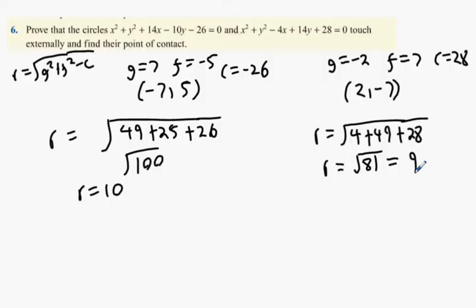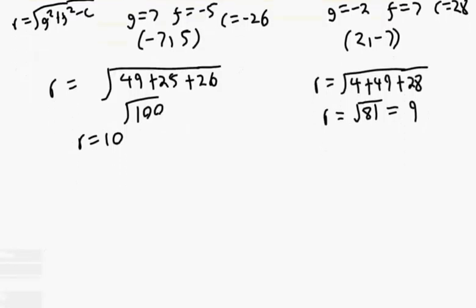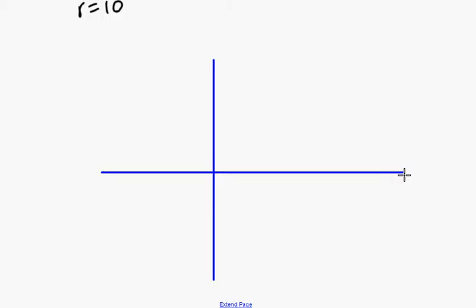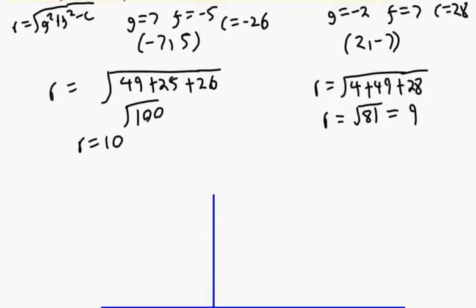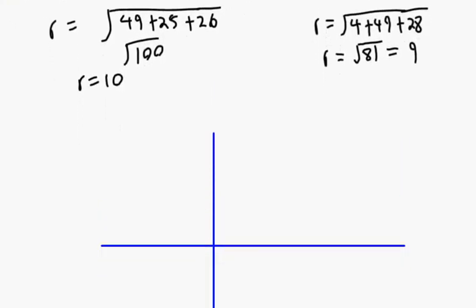Now let me give you some proof that they touch externally, which is what we're trying to do here, yeah? So I'm going to give you a bit of perspective here. We have two circles, okay? One of them has a centre at -7, 5. Okay, -7, 5 is around here. Would you agree with that? Yeah.